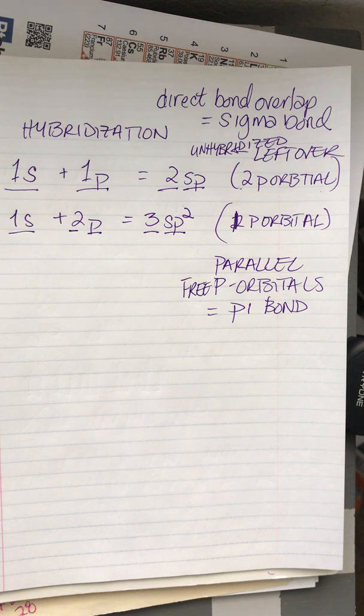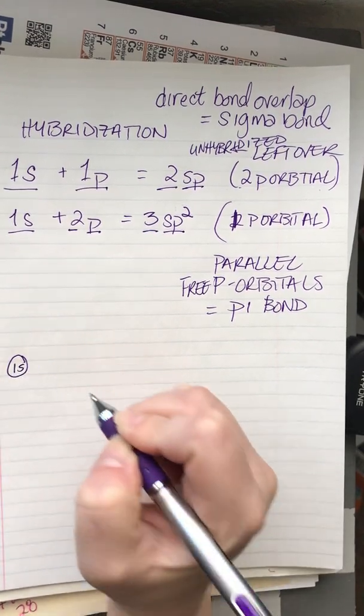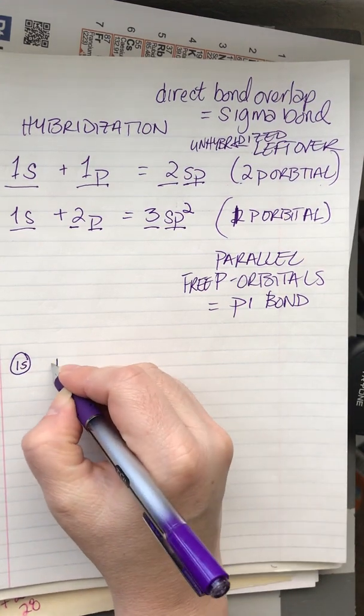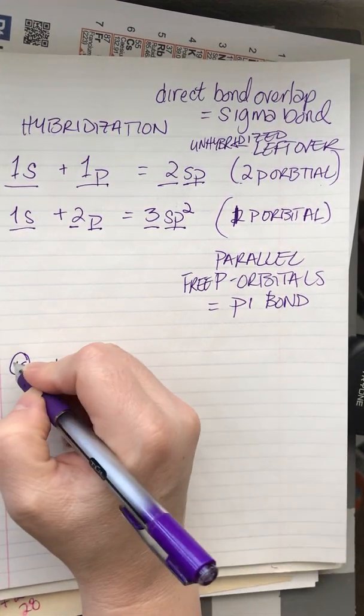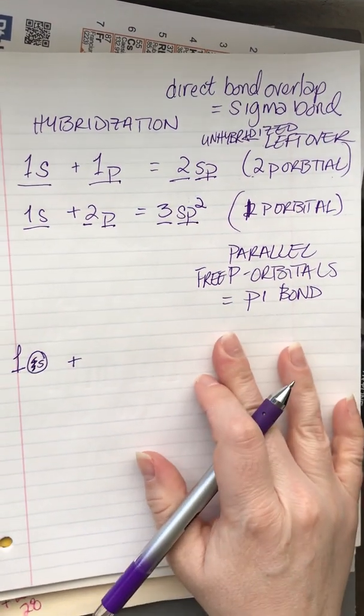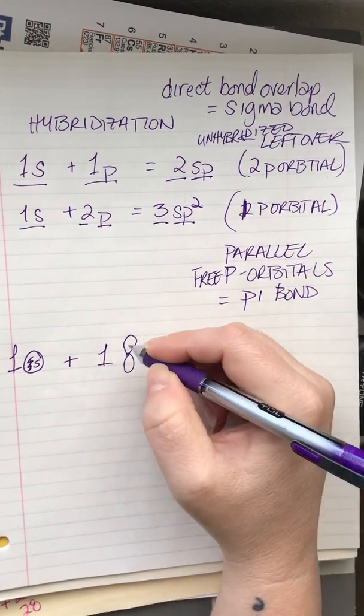The leftovers, right? So what we're literally saying here, maybe it will help if I do pictures, is that I have one s orbital and one p orbital.